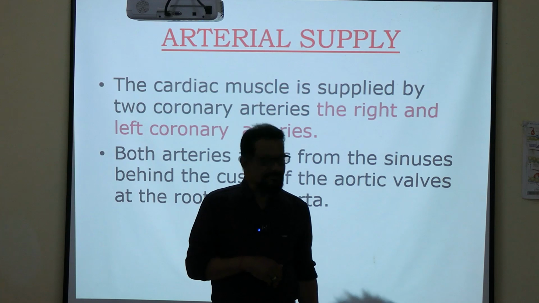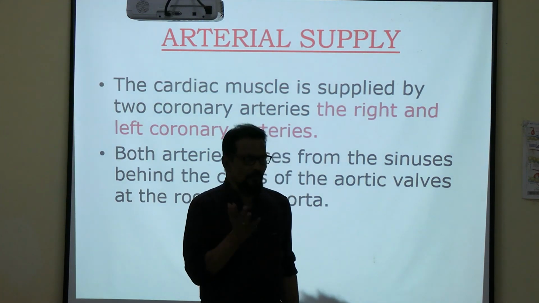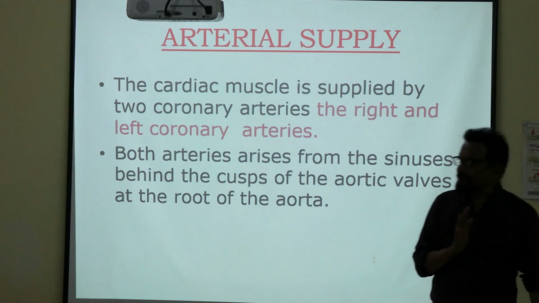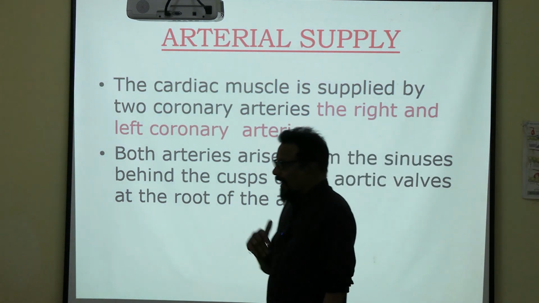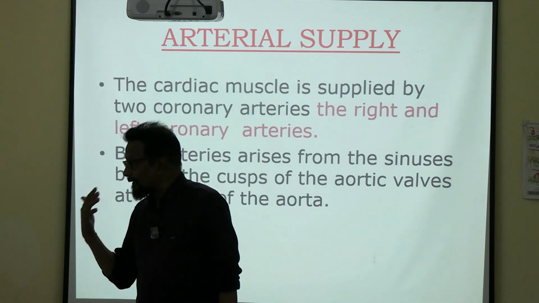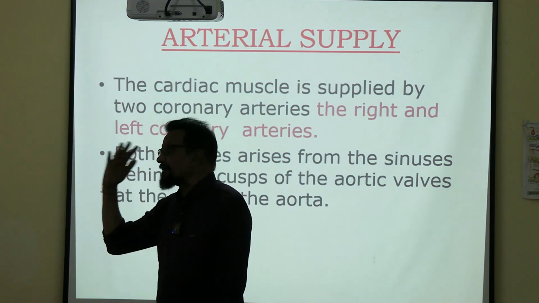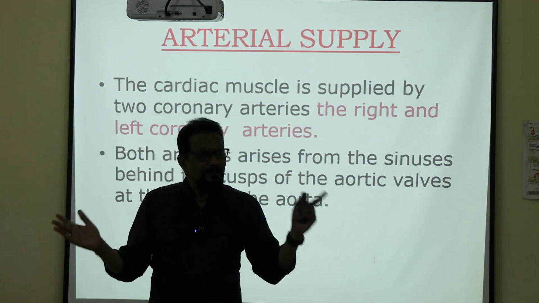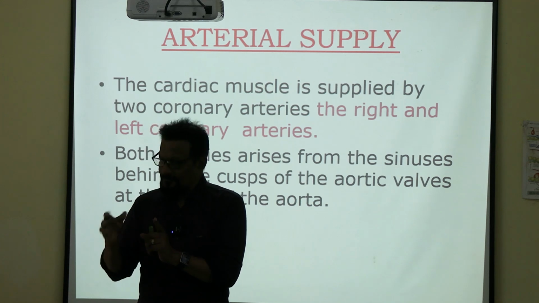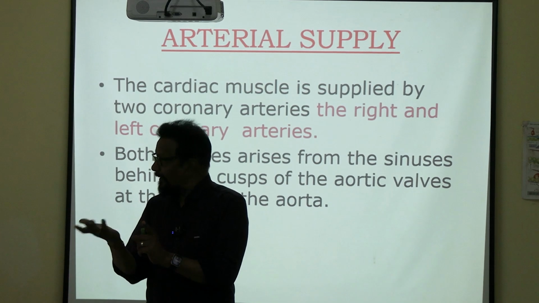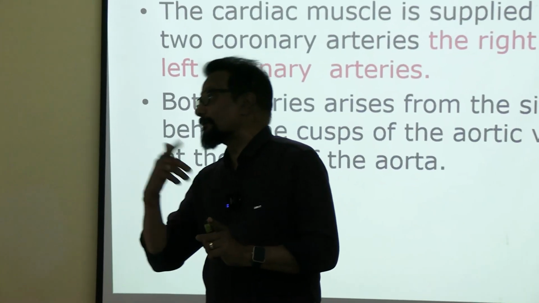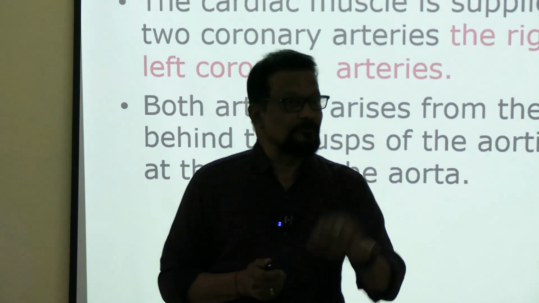From the term itself, the left coronary artery will supply blood mainly to the left side of the heart, and the right coronary artery will supply blood mainly to the right side of the heart. But some branches of the right coronary artery may supply part of the left side, and some part of the left may supply the right. That will also happen.